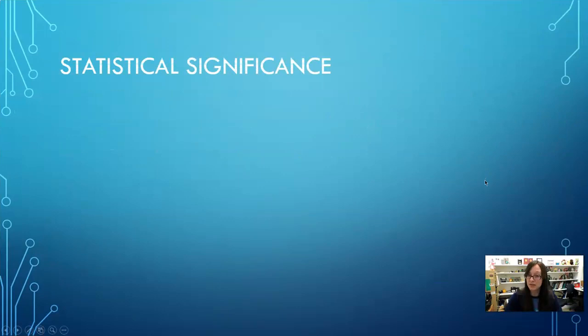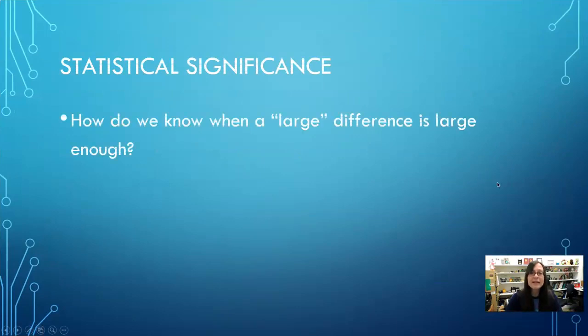So now let's talk about statistical significance. Basically, statistical significance is asking the question of how do we know when a big difference is big enough. We have to determine when enough difference exists that we can infer it to be a real difference, different from if there was no relationship between our variables.